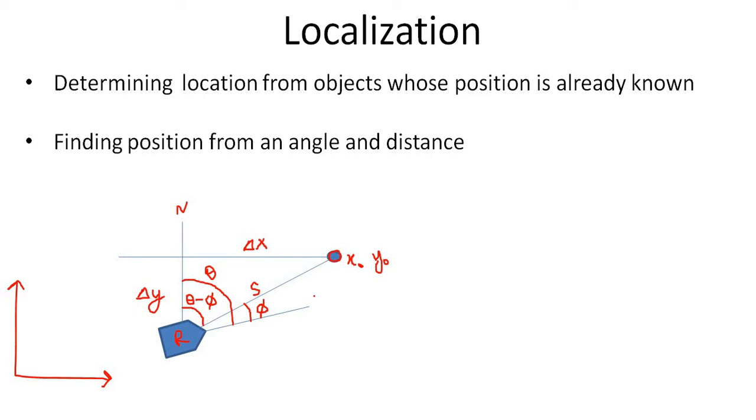Using trigonometry, we can say that delta y over s is equal to cos of theta minus phi.